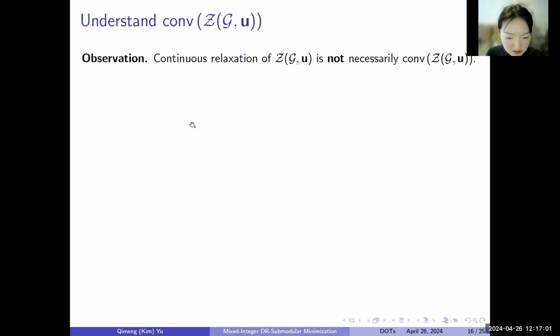We quickly noticed that convexifying, not for the epigraph, but just for the mixed integer feasible set is already non-trivial. This is because the continuous relaxation of our constrained mixed integer feasible set is not necessarily its convex hull.